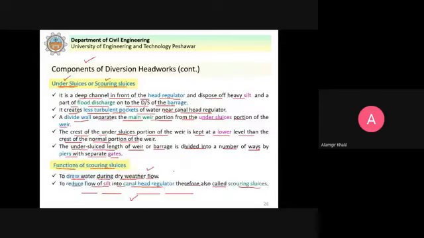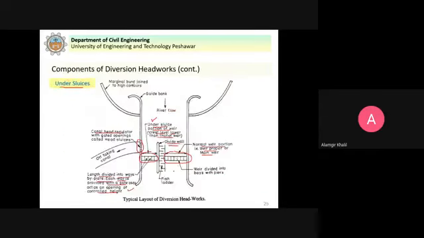So you can see here in this figure, this is the normal weir, this portion. The water will just flow over this weir. But at the bottom, you see that gates are provided and the water can flow and flush the sediments.